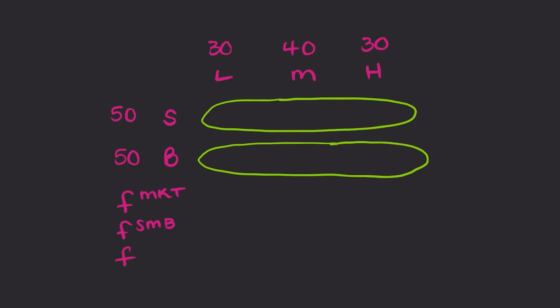And finally, to measure the excess return of value stocks over growth stocks, we're going to take the excess return of these high book to market ratio stocks, the right column, over the returns of the low book to market ratio ones in the left column.